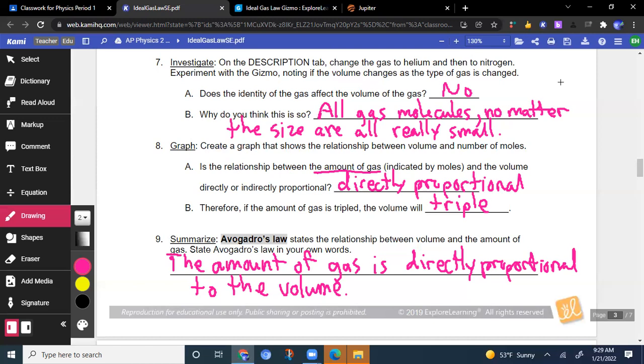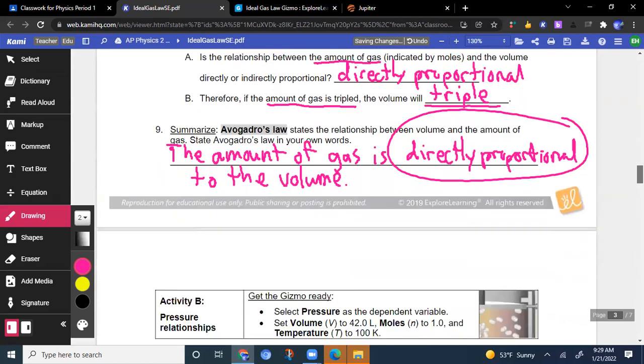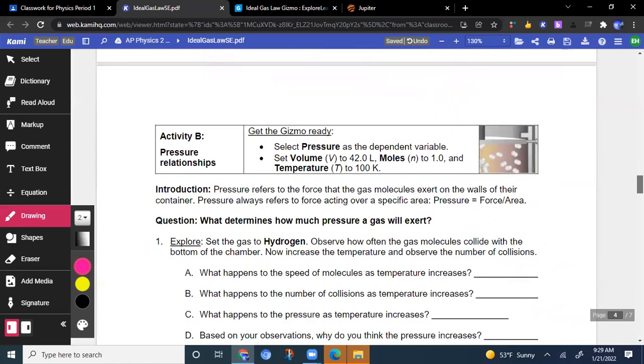And as I put more gas in, what does the volume of the balloon do? It's bigger. Right? If the volume can expand, it will expand. And that's exactly what happens. So if I triple the amount of gas I add, then the volume itself will triple. So the amount of gas is directly proportional to the volume. Those are the three things that we looked at yesterday in activity A.